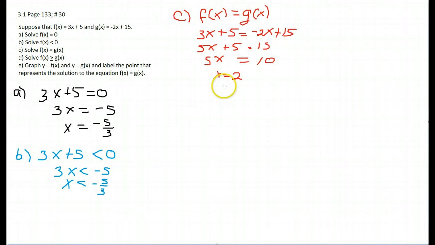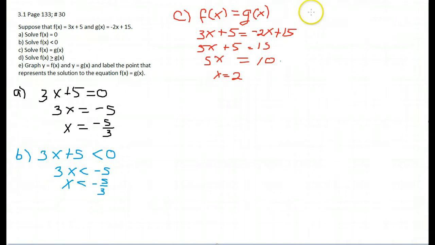How can we find the y coordinate? If we were to plug 2 into one of the two original equations. We will be dealing with that later. Now let's look at part D. Solve f of x is greater than or equal to g of x.